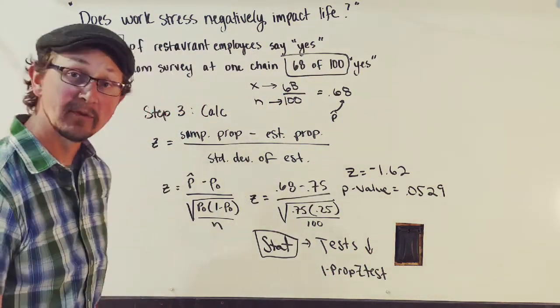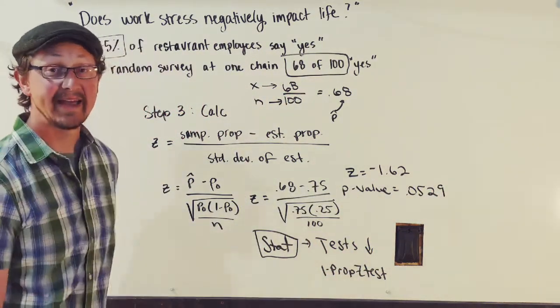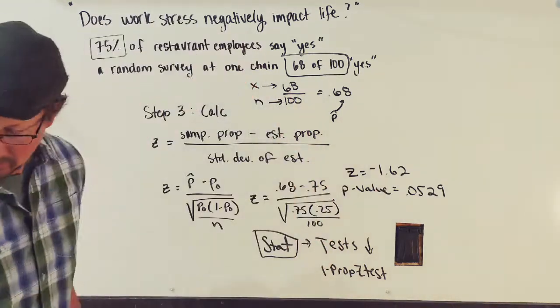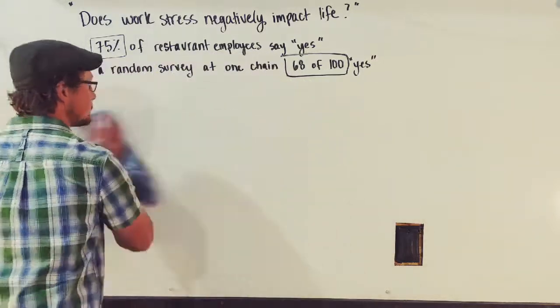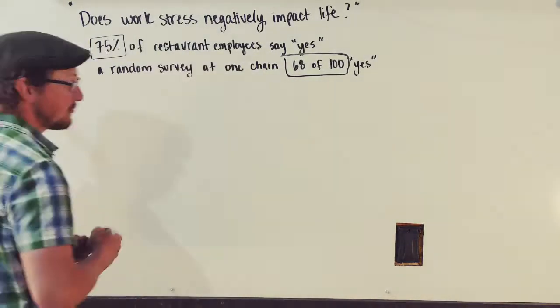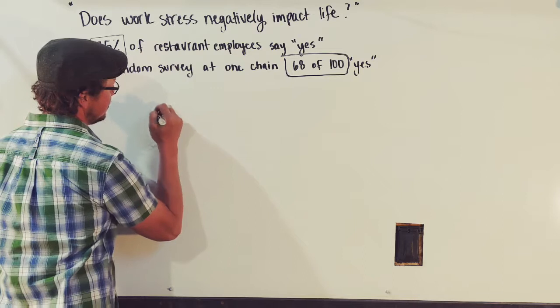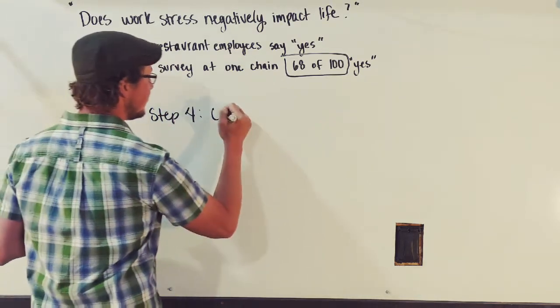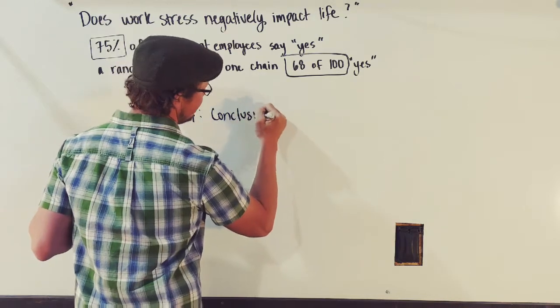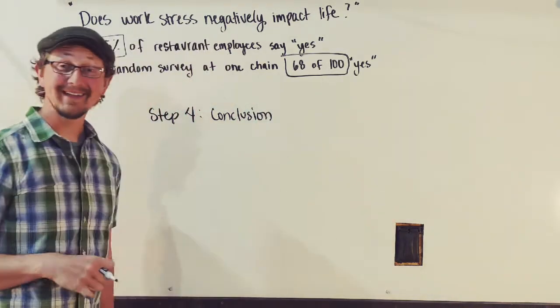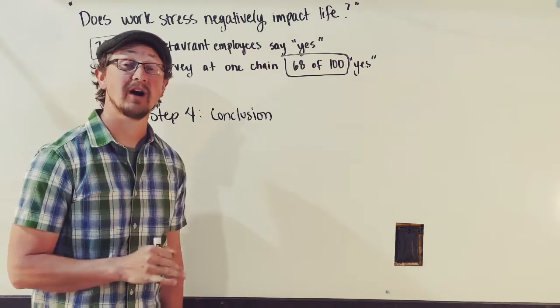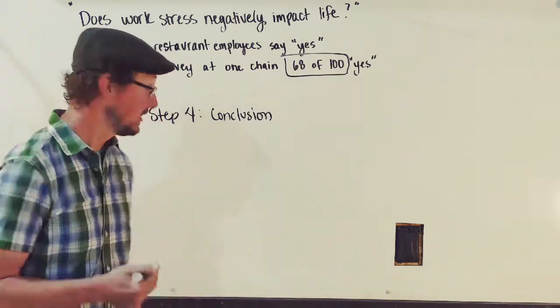All right, we're going to take those numbers into our conclusion and finish this problem out. Step 4, big finish. Here we go. Just like in hypothesis testing for the mean, we are going to have our 3-step process for our conclusion here.